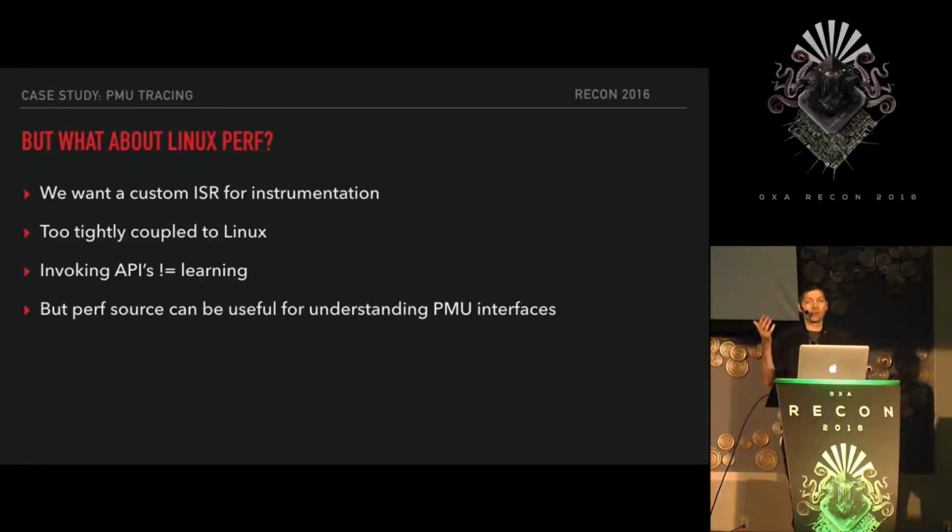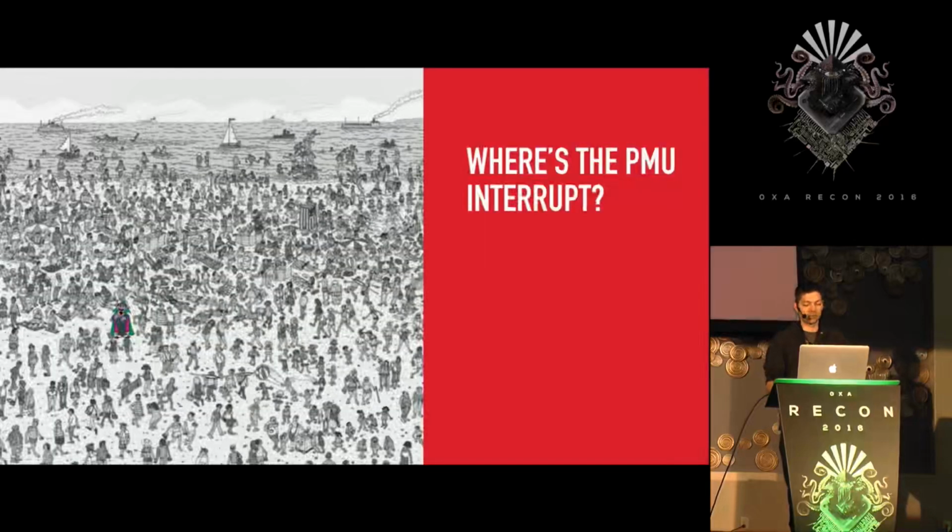The long-term vision was more towards baseband, so I didn't want to be married to Linux. And finally, getting my hands dirty was important in order to learn how the PMU works on ARM. That said, the perf source is a really handy resource for the PMU, not just on ARM, but on the other architectures as well.